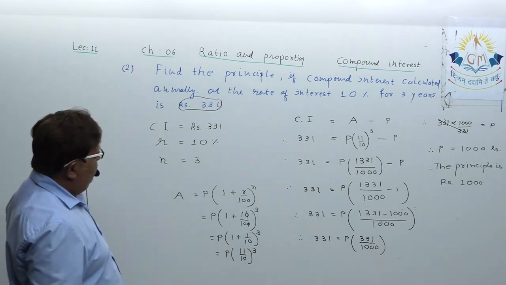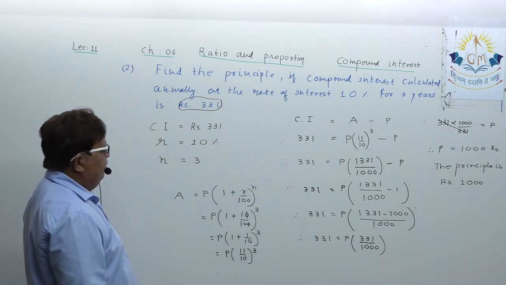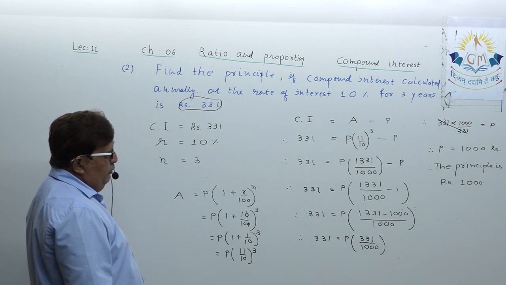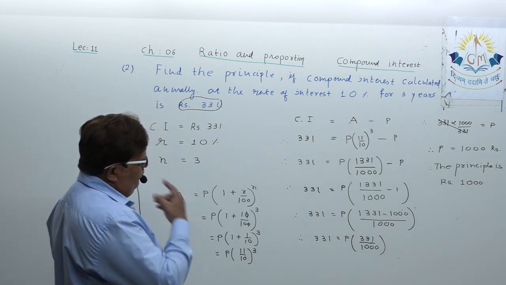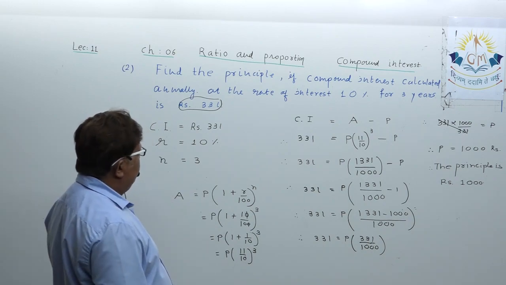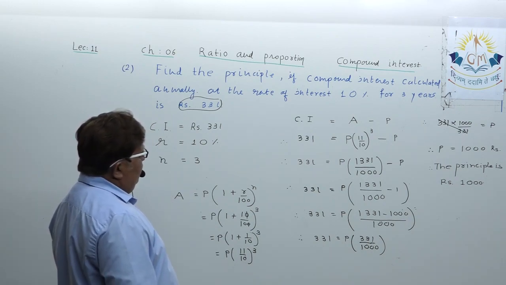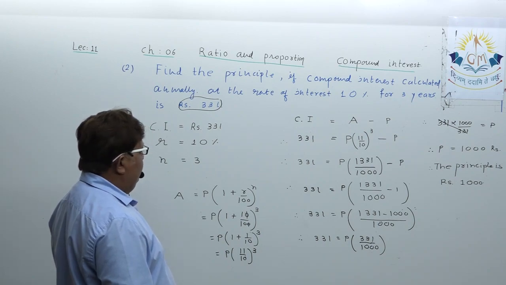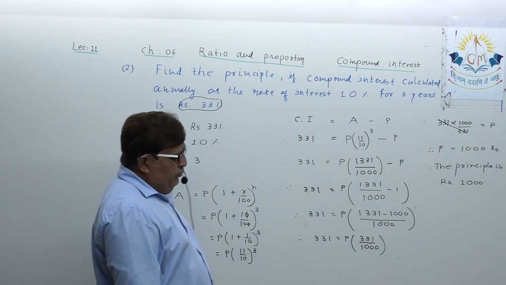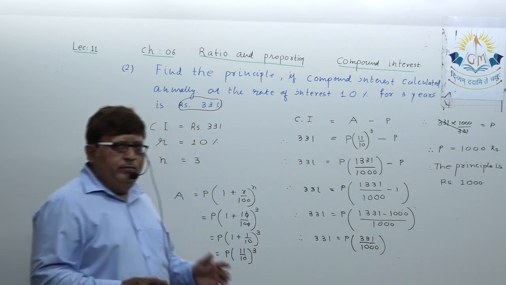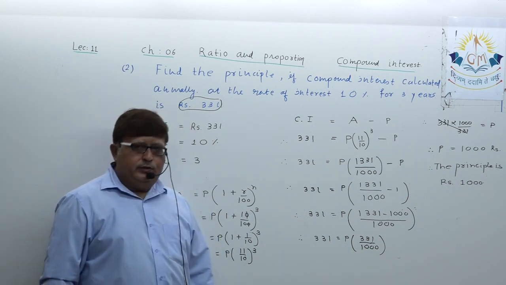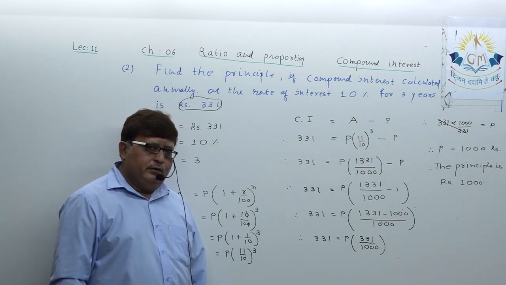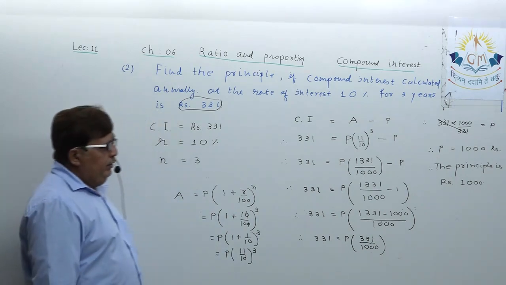Okay, we got the principal amount as rupees 1000. Just have a look at the sum. Just try to catch the method involved in solving this particular example. Understand how to solve this. This is very important.